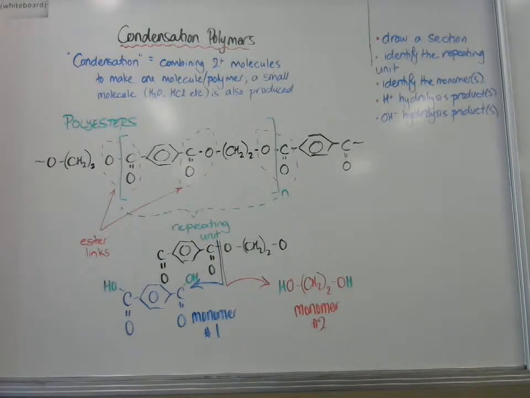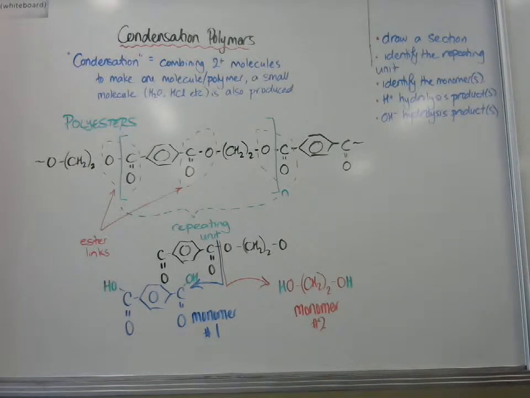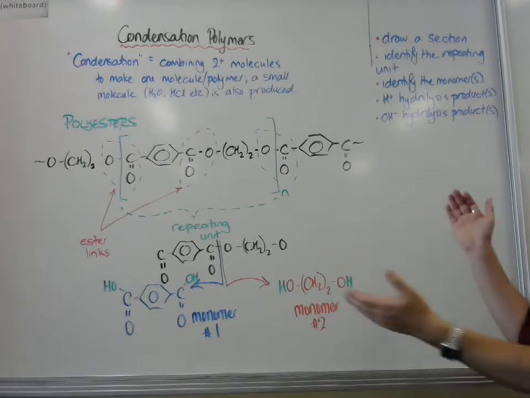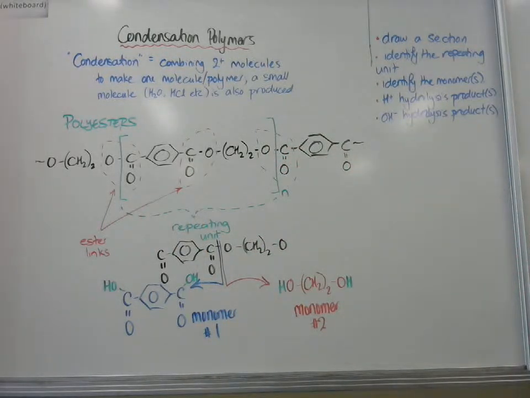So what skills do you need? If I give you the structure of the monomer or monomers, it's normally two different monomers, you need to be able to draw a section of it like I've shown here. In that section, you need to be able to identify the repeating unit, so where it starts repeating itself. There are some little tricks for that I'm going to show you soon.